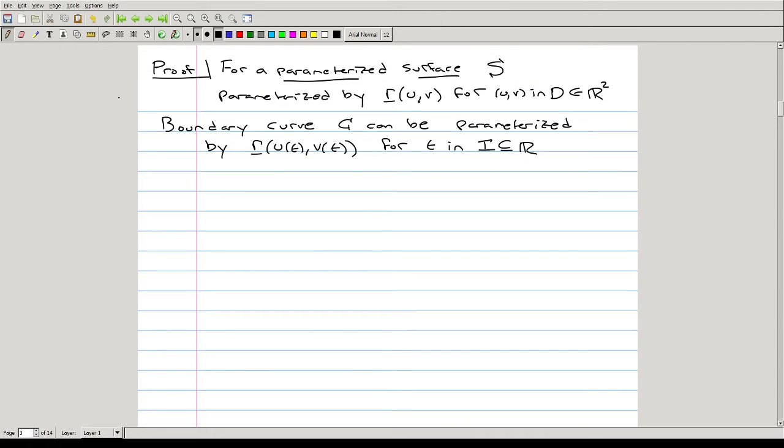The idea is that we now have everything we need to show this theorem using this parameterization.